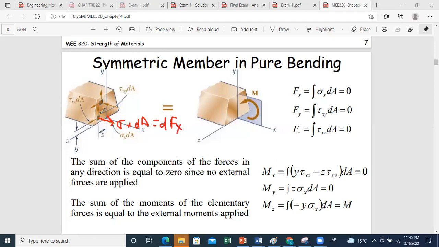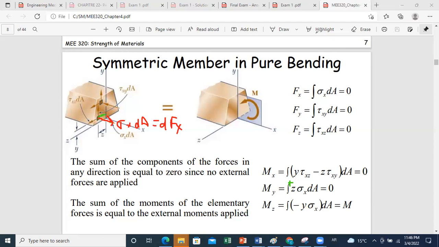To get the moment about y, you should look at the perpendicular distance between the force and the axis, which will be along z. And from the right hand rule, you will get that the moment of this force about y is positive. So you just put My is the integral of plus z sigma x dA, and in pure bending it should be equal to 0.